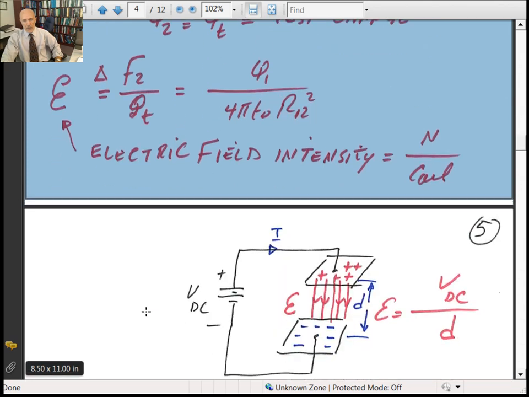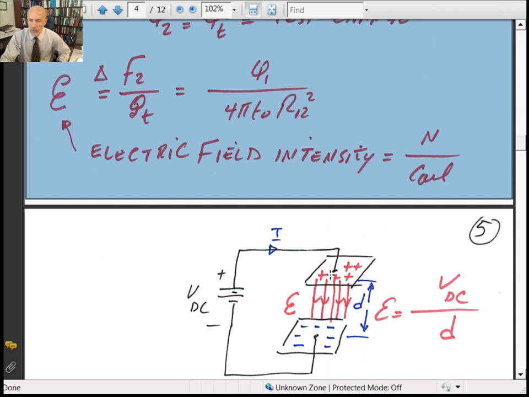A very good example would be if you take two parallel plates separated by a distance d and apply a voltage to it. It's like a capacitance. There's an insulator between the two plates. It could be air or some kind of insulator, glass or ceramic, whatever, any type of insulator. Air is a good insulator. So if you do that, then you can calculate what the electric field is.